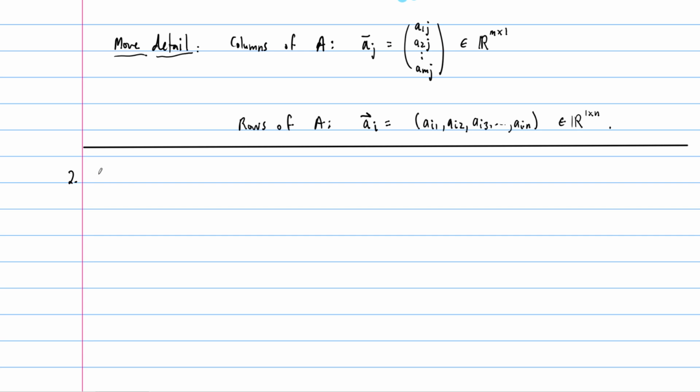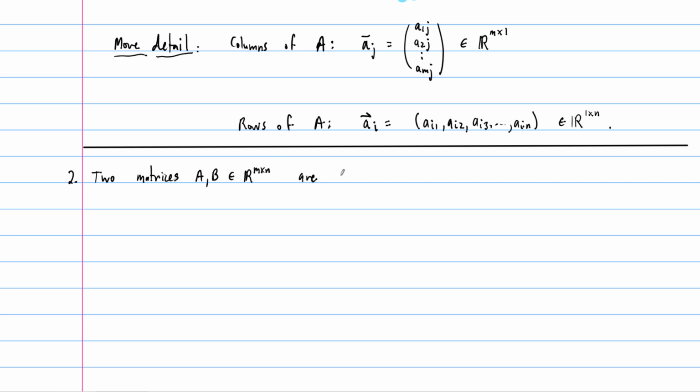All right, so the first thing that we'll do here is just give a definition. Two matrices, let's call them A and B, that both live in the same dimensional space, so are M by N. So these are the same size matrices.